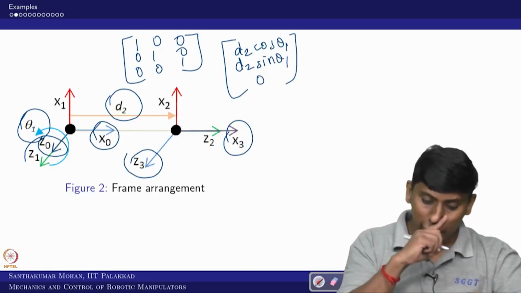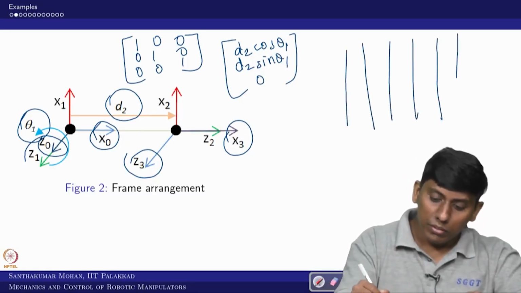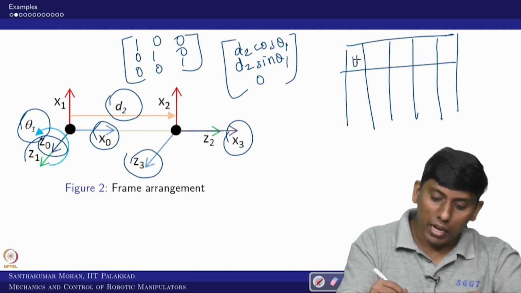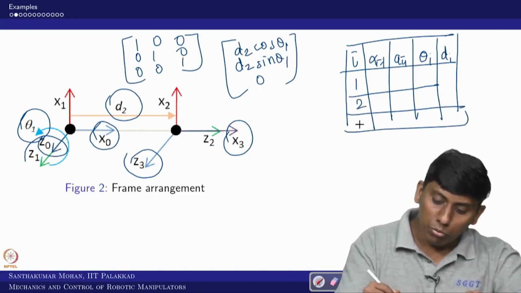For that you can write your DH parameters. What are the DH parameters you can write? alpha i minus 1, a i minus 1, then theta i and di. Here how many frames? There are 3 frames we have to bother about: 1, 2, 3.